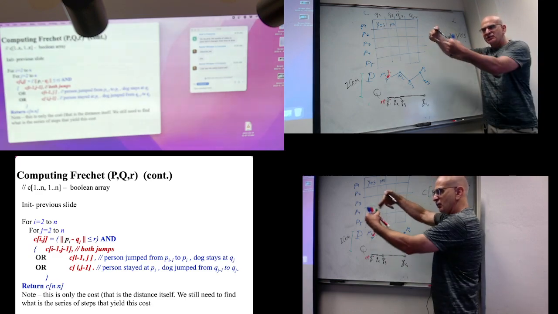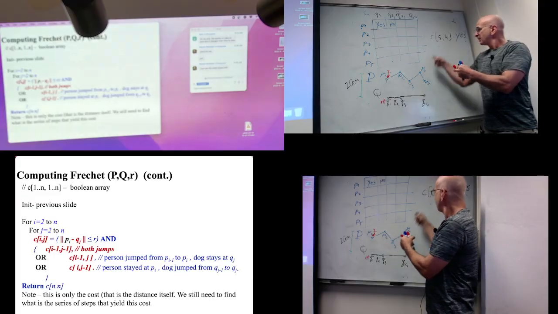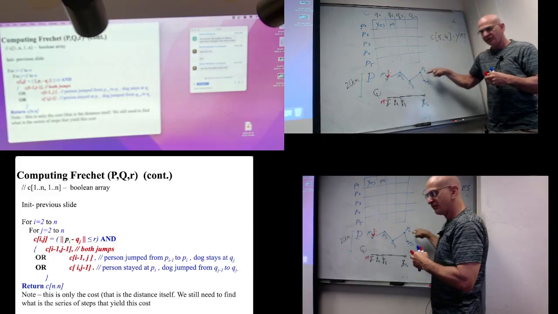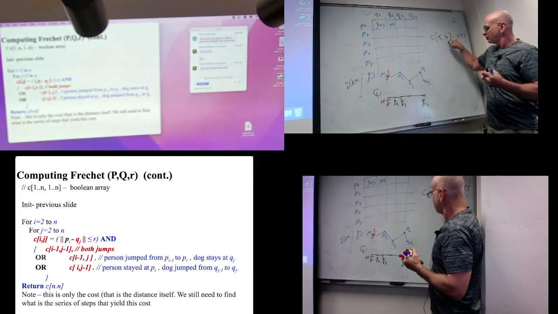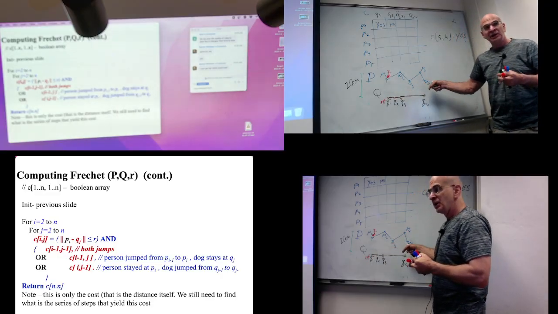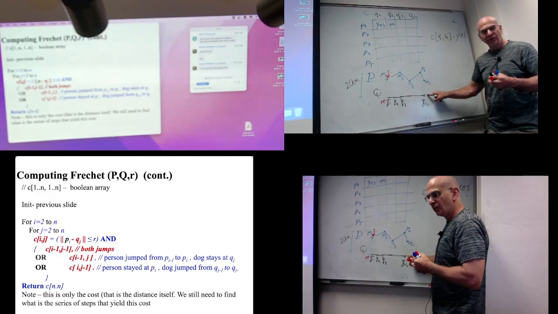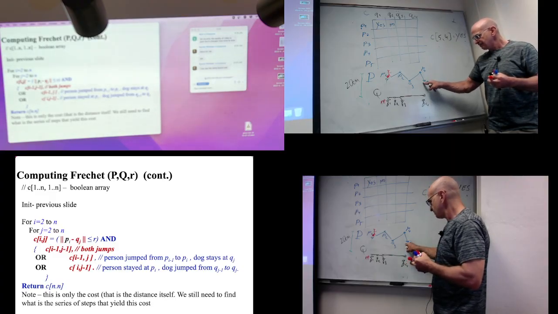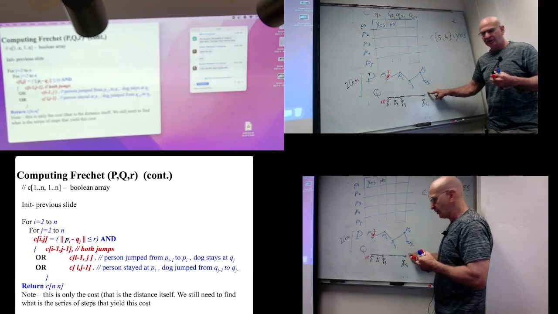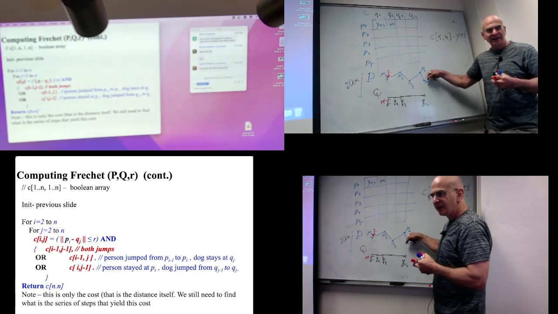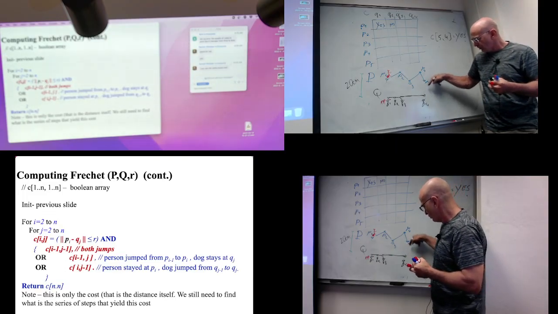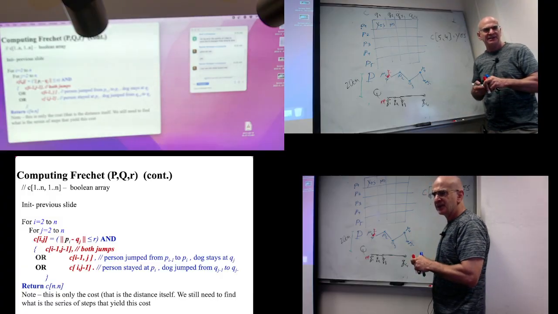We're talking about the whole Frechet of the prefixes. In particular, now I'm looking at the whole prefix of P, which is the whole of P, the whole prefix of Q, which is the whole of Q, and they must end at P5 and Q4. When the person is at P5, the dog is at Q4. Maybe there are other times that the person is at P5, but definitely in the last step. That's where they end their trip.